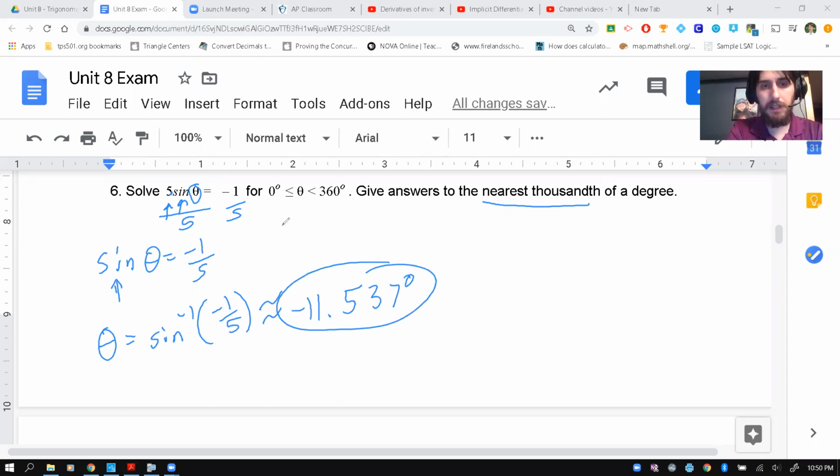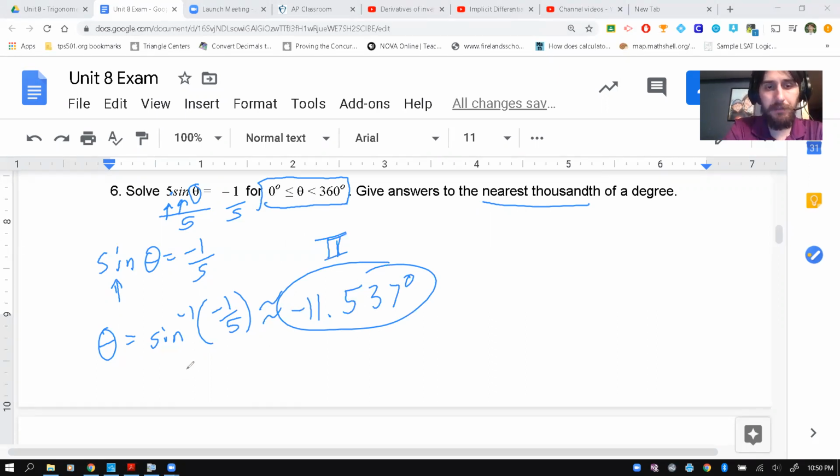Now there's an issue with this. This is not going to be one of the answers to our problem because it is not between 0 and 360 degrees. This is an angle in quadrant 4. So I need to find the angle in quadrant 4 that's between 0 and 360 degrees that is coterminal with this angle.